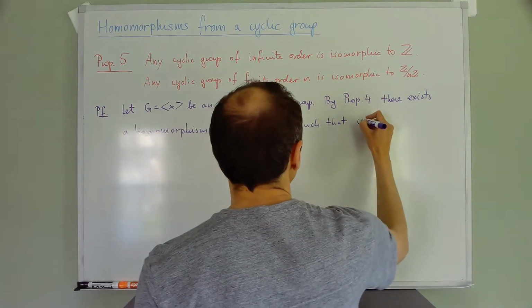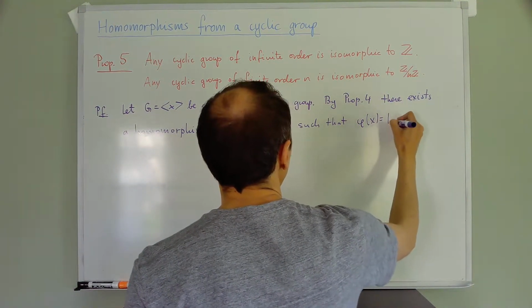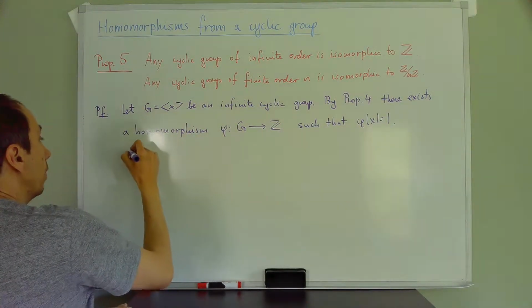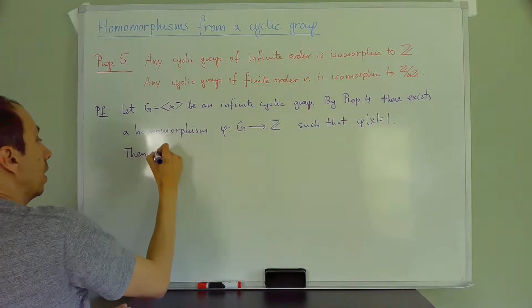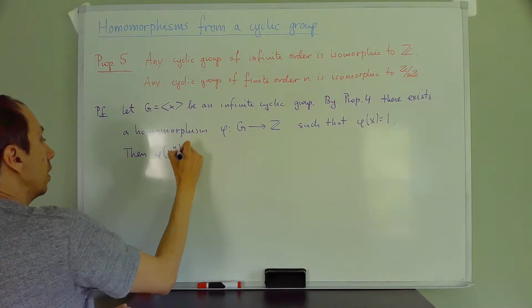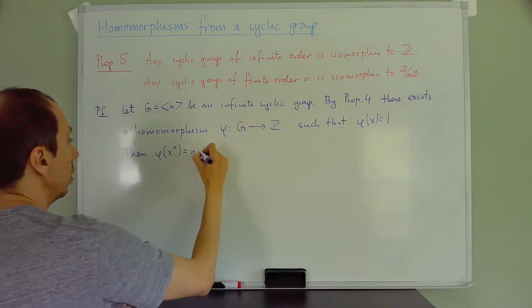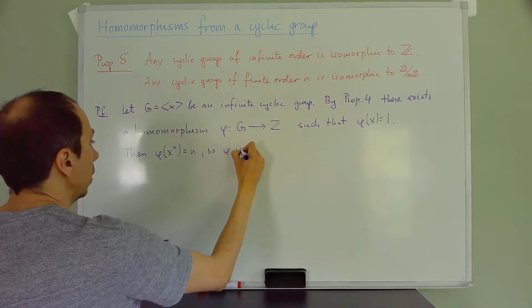So such that, let's say, phi of x is 1. Then phi of x to the n is n. Remember here the operation is addition, so phi is surjective.